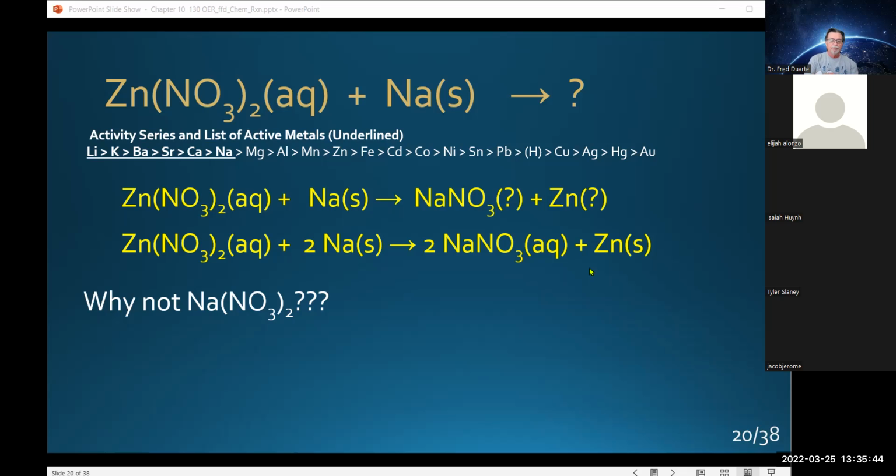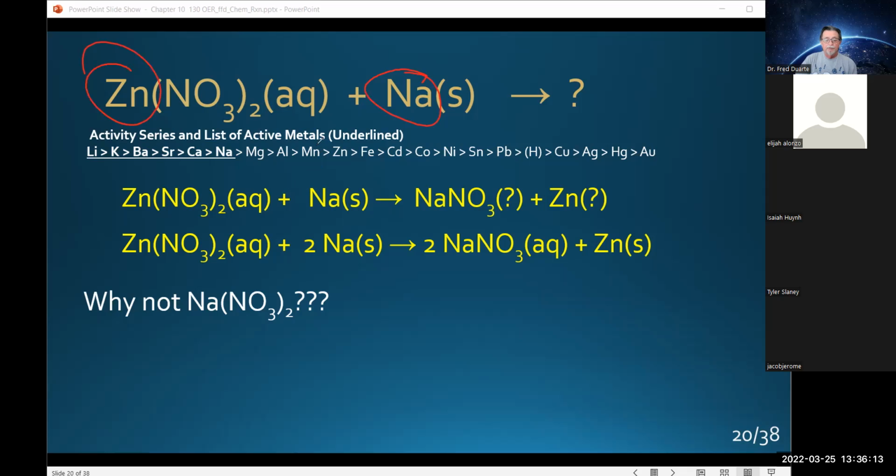Okay, we're back. Looking at the single replacement reactions, again, you use the activity series to determine which metal is the most reactive, regardless of what state it begins as, whether it's in ionic form already or in elemental form. Here we're comparing sodium and zinc.